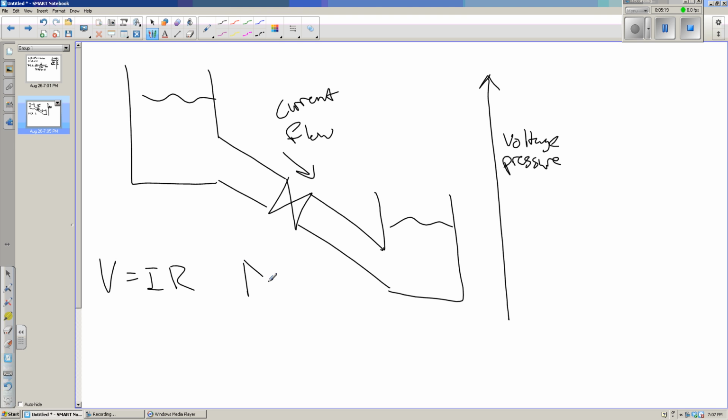If we've got water flowing into this, or current even, is there going to be a lot of resistance? Yeah, you betcha. Barely any current's going to be able to get through. If it's a really good valve, none will. So our resistance is really high, therefore flow or current is really low.